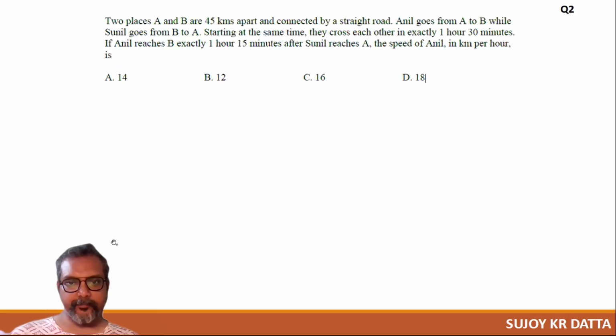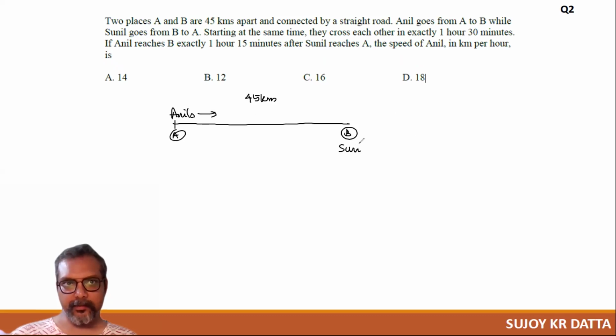Next. It says two places A and B are 45 kilometers apart. This is A, this is B. Anil covers from A to B, and Sunil, the other guy, goes from B to A. They meet in 1 hour 30 minutes, so that is 1.5 hours, 3 by 2 hours.